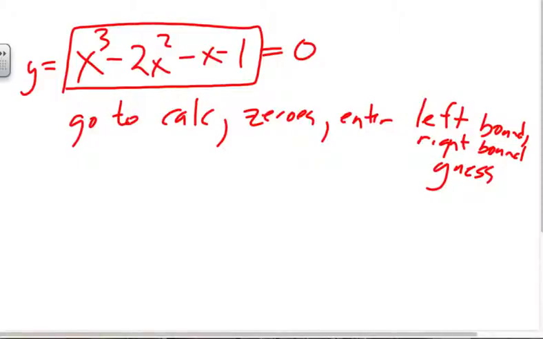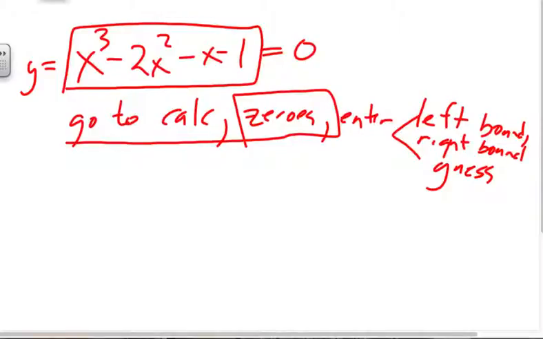The closer you can get these to where it actually is graphically, the sooner the calculator will do this. Okay? And this will come right back in, and it will give you then where the zeros are of this thing.